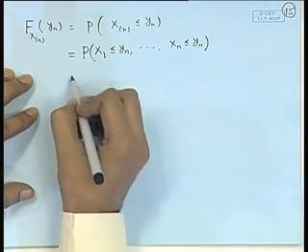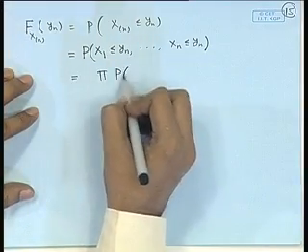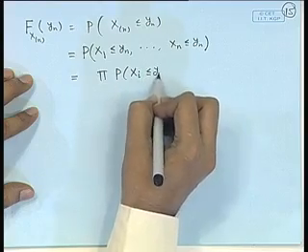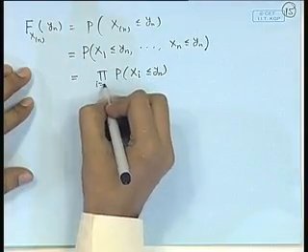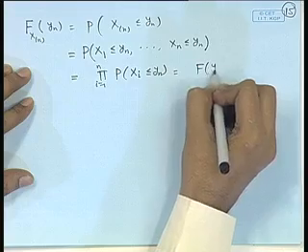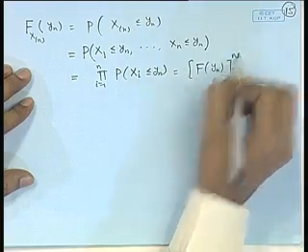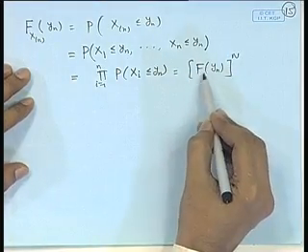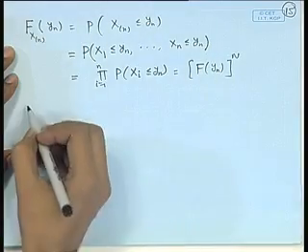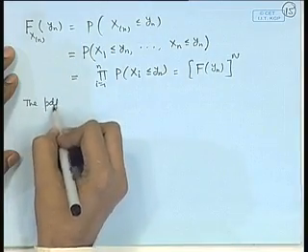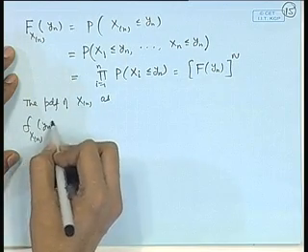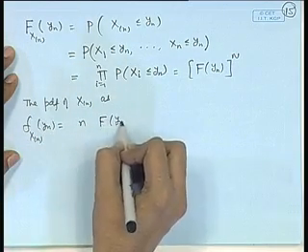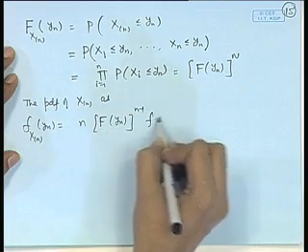Now, we make use of the fact that the random variables are independent and identically distributed. All of them have the CDF F. So, each of these values is F of yn, and therefore, we get this as F of yn to the power n. If we are assuming the distributions to be continuous, then we can differentiate it and get the PDF of X(n) as n times F of yn to the power n minus 1 f of yn.